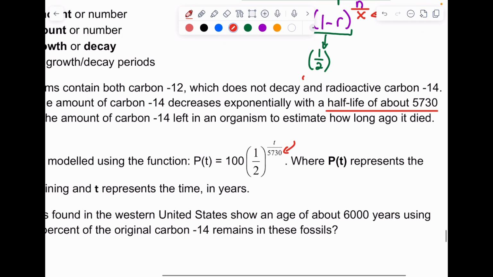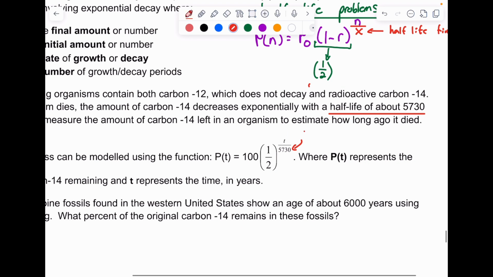Up here, this has n, but that's because right here, this is t. So instead of it being P of n, it's now P of t. That's why t is up here. But the main thing is notice the half-life time. So in this case, x is 5,730.